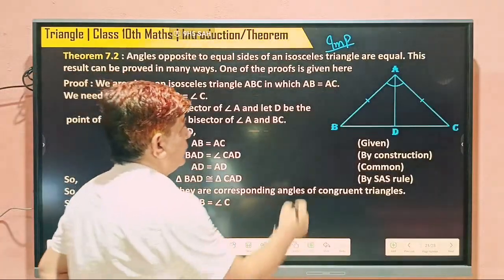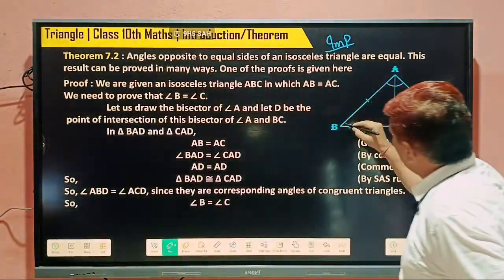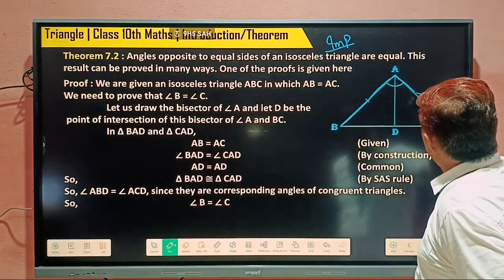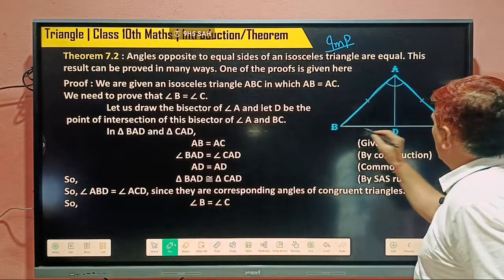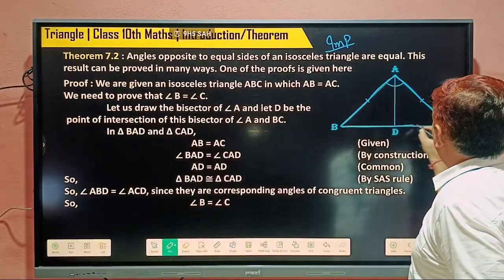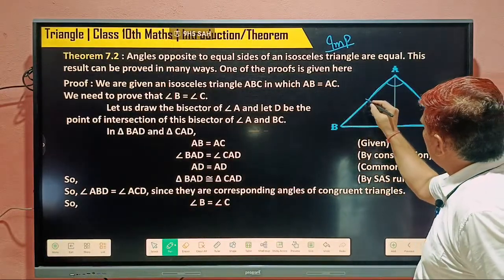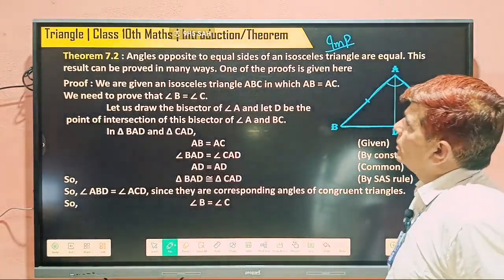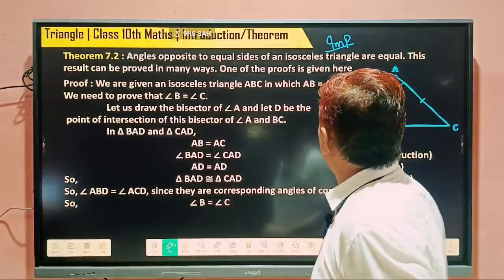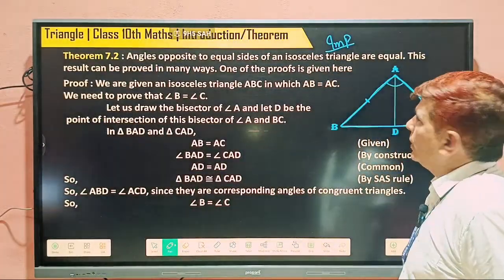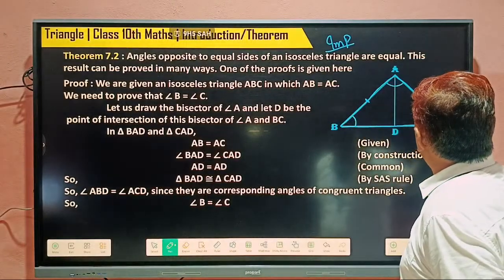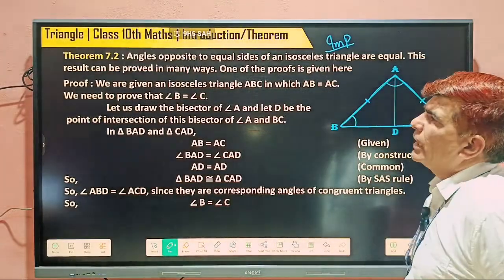We have taken one triangle. What's the name of this triangle? ABC. It is an isosceles triangle, so two sides are equal. We need to prove, if we can prove this angle equal to this angle, then we get our result.